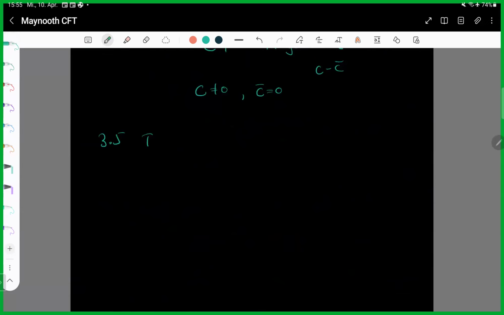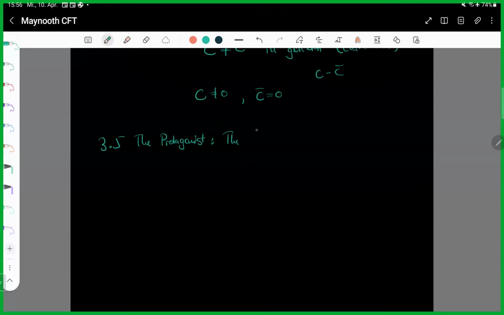So the next thing is, in CFT, there is one protagonist, and it's a protagonist that we have in many places, and it's the energy momentum tensor.